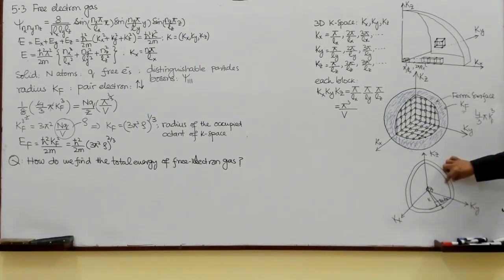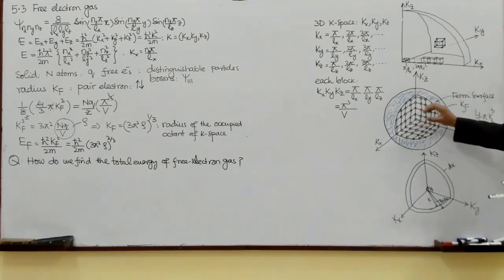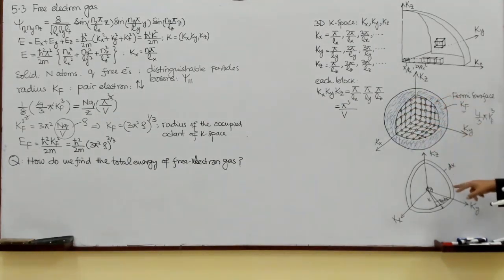So the thickness is dk. And this whole sphere is made up of such shells, so by integrating over dk I will get the total energy of the system. What is k? Because k goes on and becomes kF, the radius of this sphere.